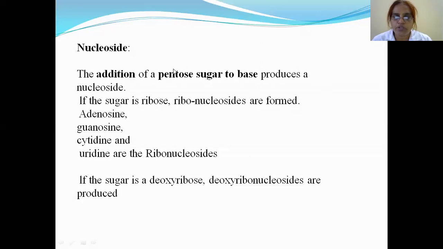Here the pentose sugar is ribose. If the sugar is ribose, it is called a ribonucleoside. So if the sugar is ribose, ribonucleosides are formed.